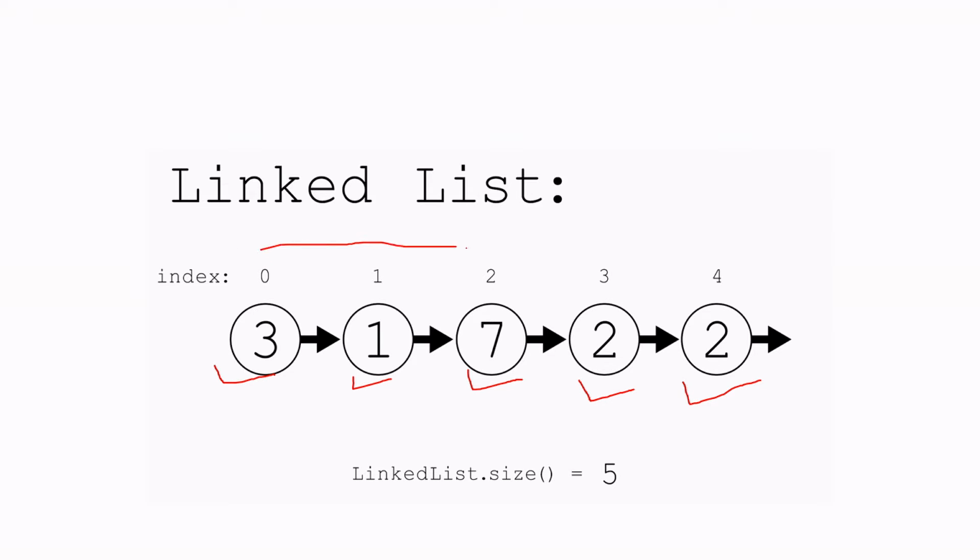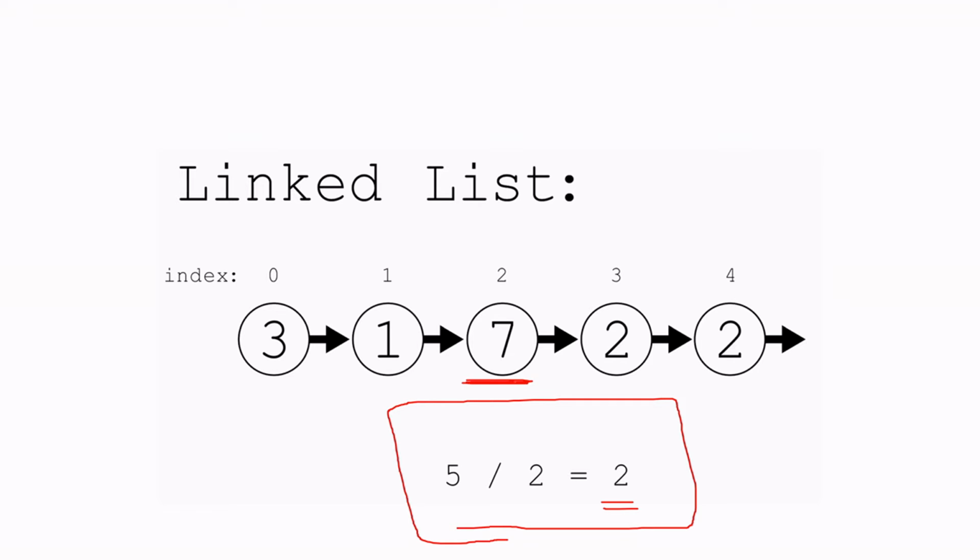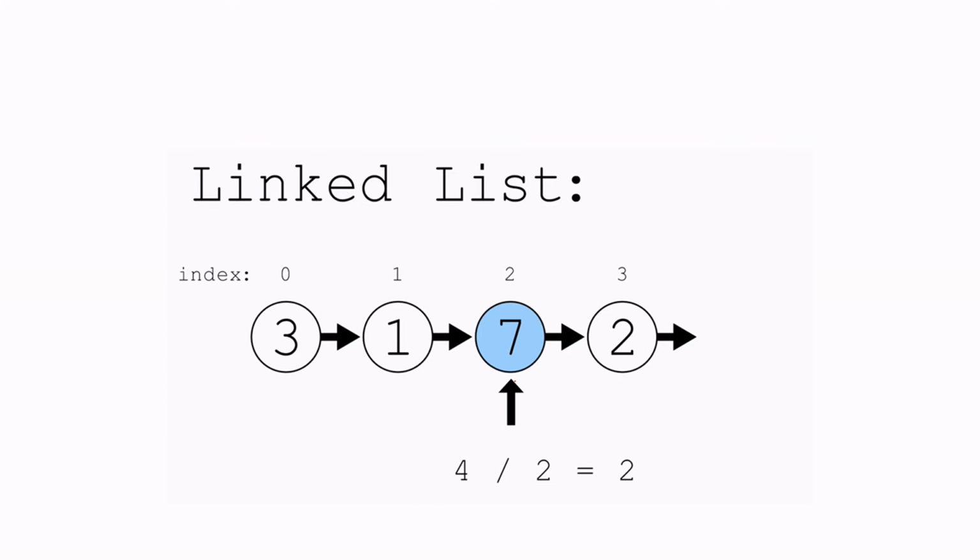If we divide the total size by 2, we get 2, and that will be the middle index.